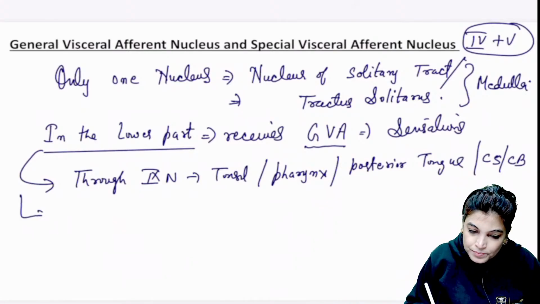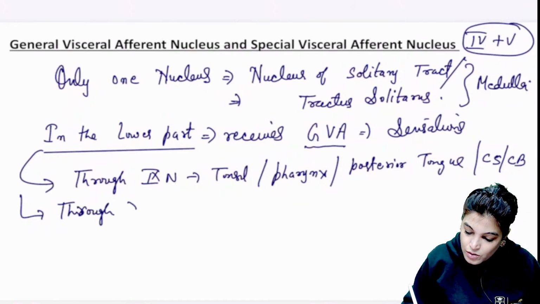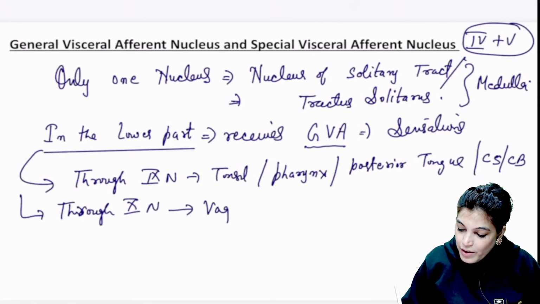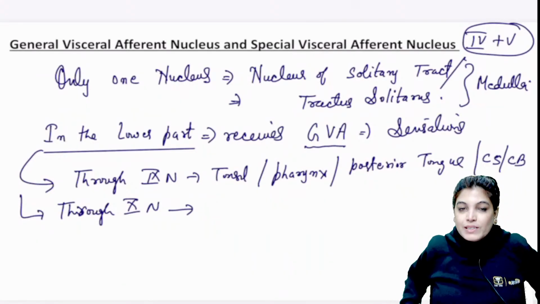Now, through the tenth, the vagus nerve, from which areas does it receive general visceral afferent fibers?